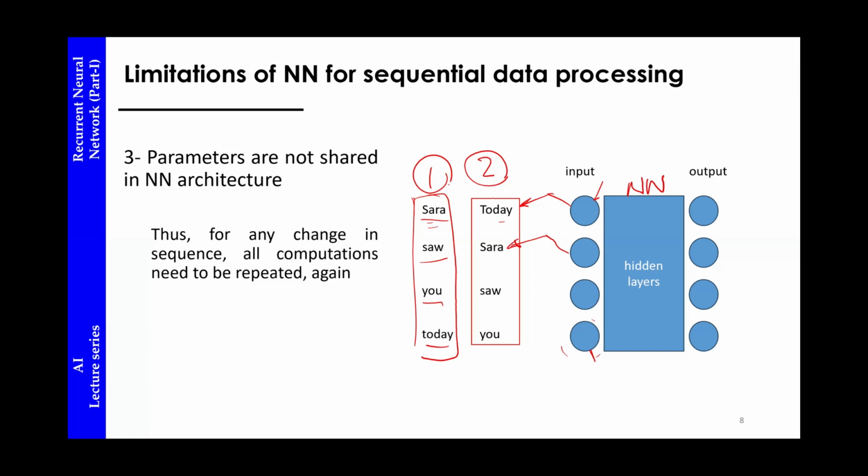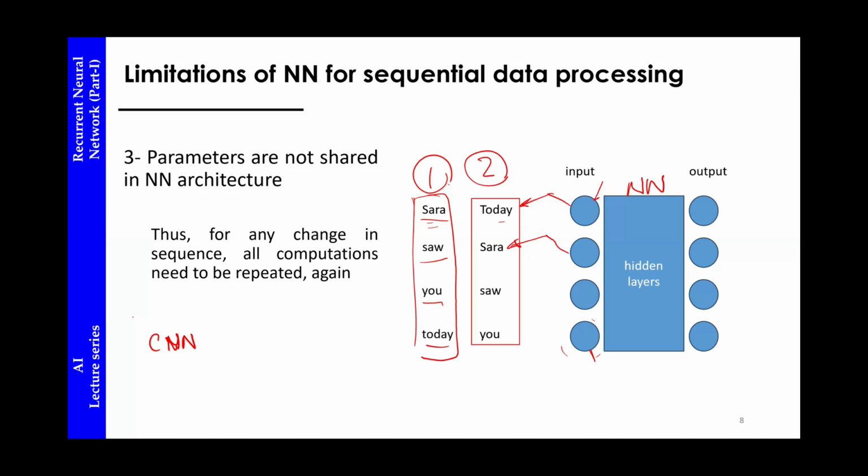Maybe you say convolutional neural networks have the ability to share the parameters. Okay, it is true that convolutional neural networks can share the parameters.